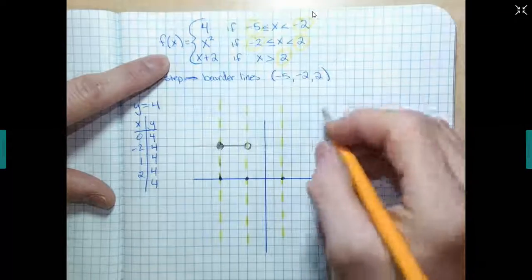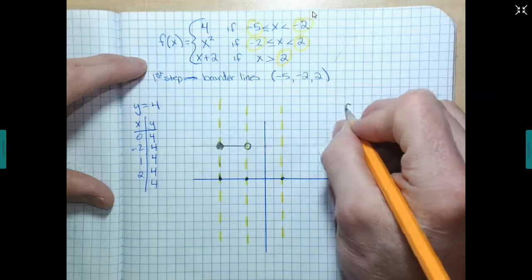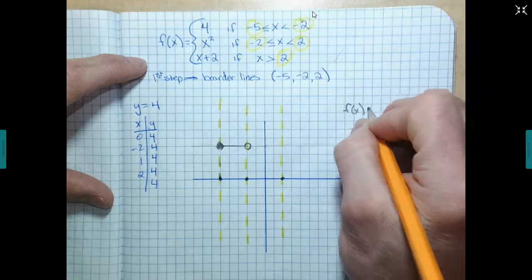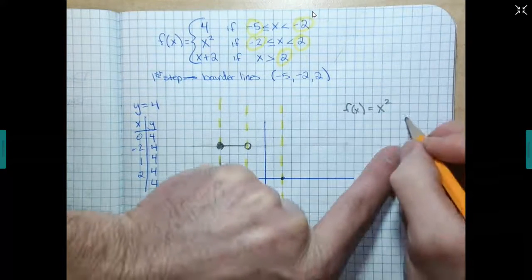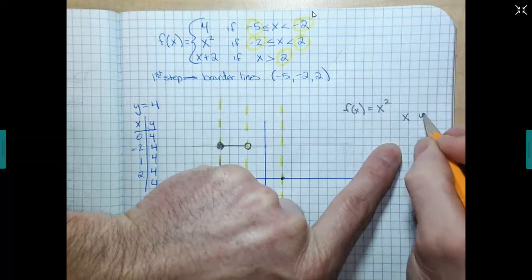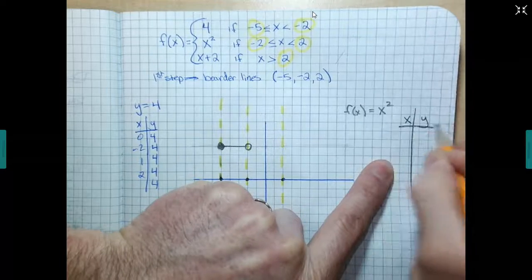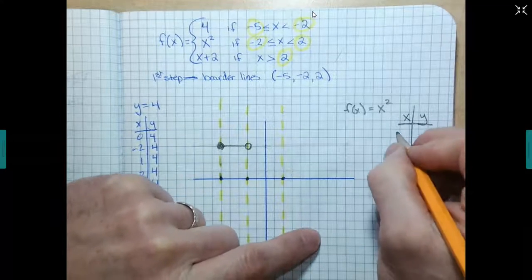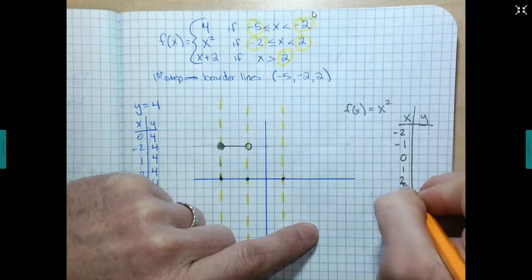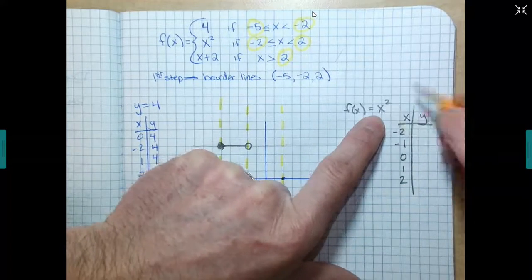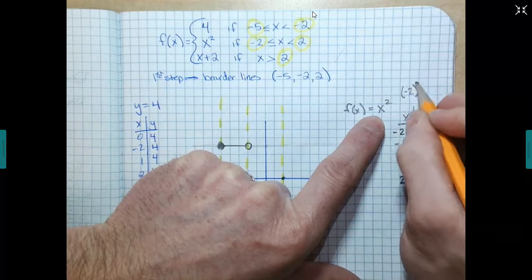f of x equals x squared. So I have f of x or y equals x squared. Well, shoot, I forget what that is. I know it's a parabola, but I forget exactly where it is. So I'm going to go ahead and do negative 2, negative 1, 0, 1, 2. If I plug a negative 2 in here, I get negative 2 squared.